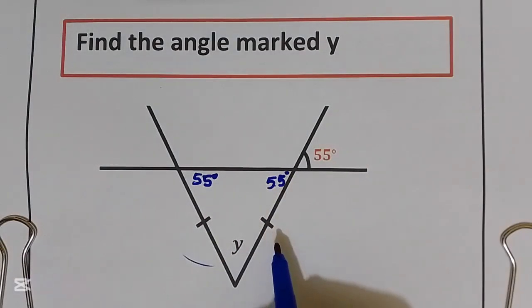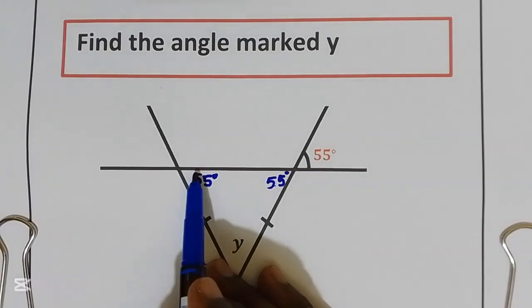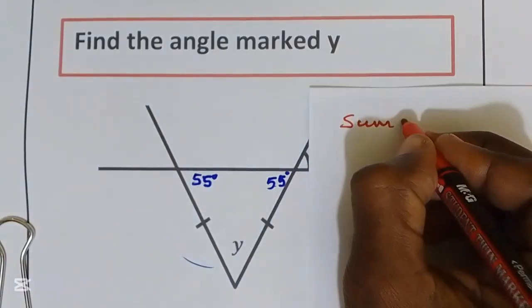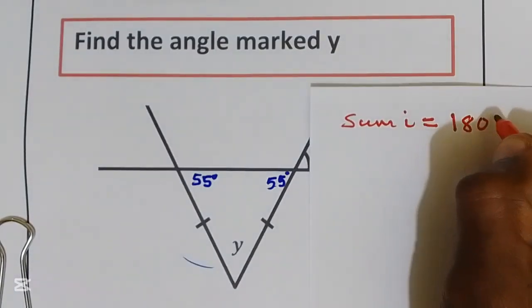We do know that the sum of interior angles of a triangle is equal to 180. That is, the sum of interior angles of a triangle gives us 180 degrees.